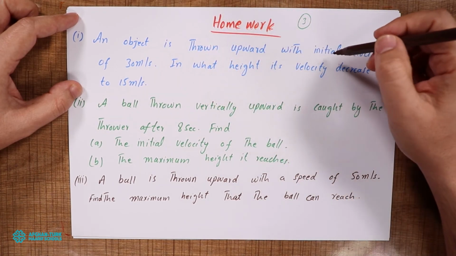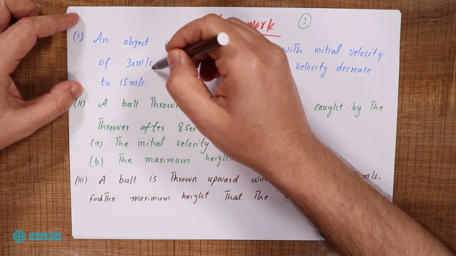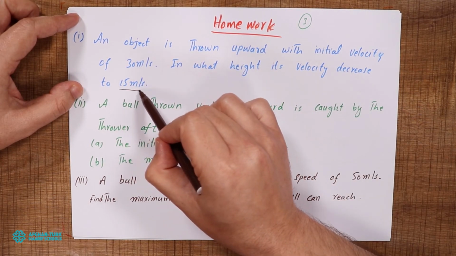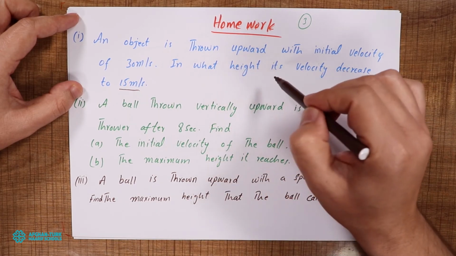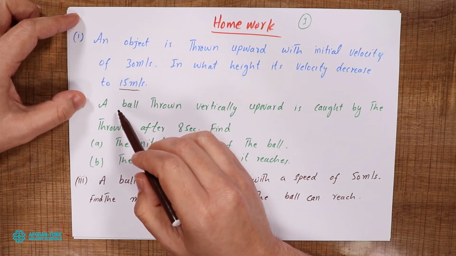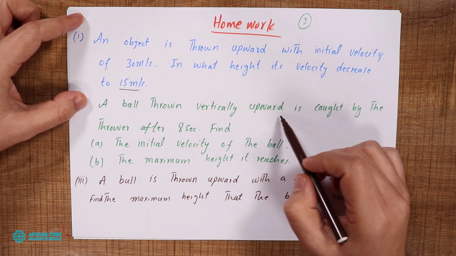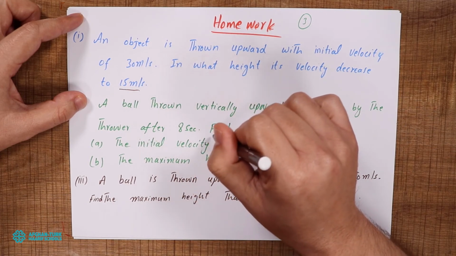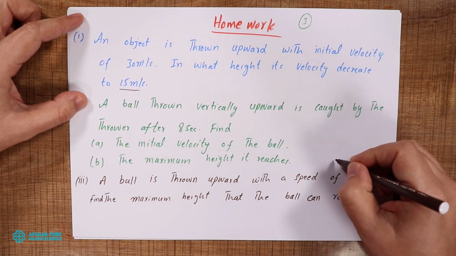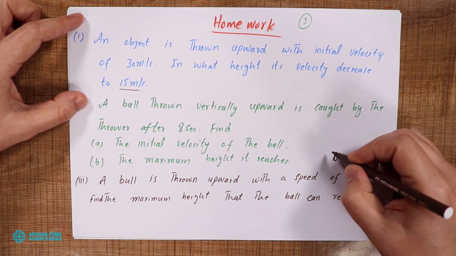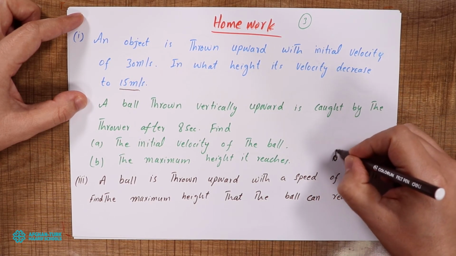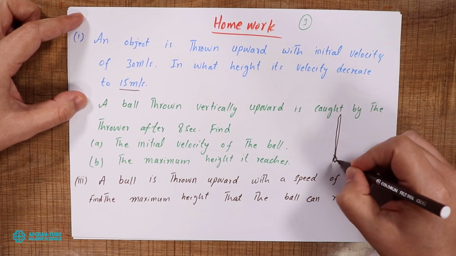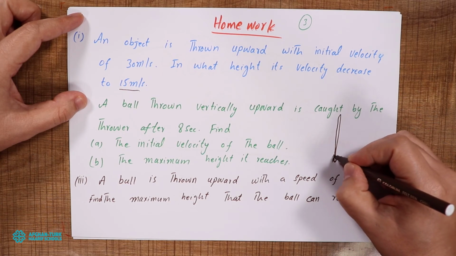An object is thrown upward with initial velocity of 30 meter per second. At what height does its velocity decrease to 15 meter per second? So you will find the height. The next one, a ball is thrown vertically upward and is caught by the thrower after 8 seconds. Let's suppose I am the thrower, I throw the ball upward, and after 8 seconds the ball is coming again and I catch that ball.